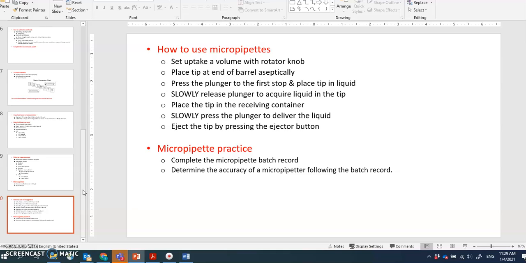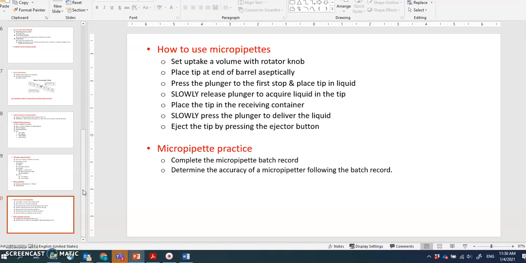How to use a micropipette? You have to follow this process. First, you have to choose an appropriate micropipette because there are several different kinds, and each micropipette has a defined range that it can cover when it's used for measurement. Understand the range of the micropipette and choose the correct one. That's number one.